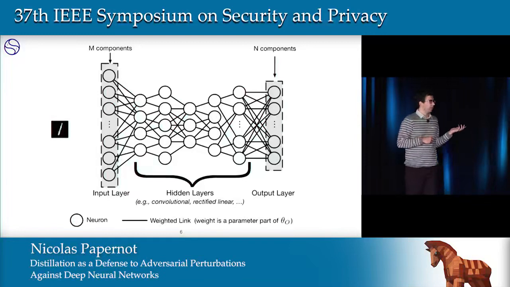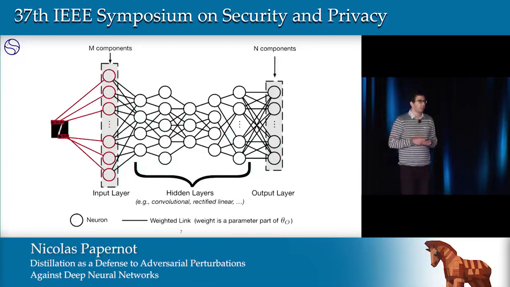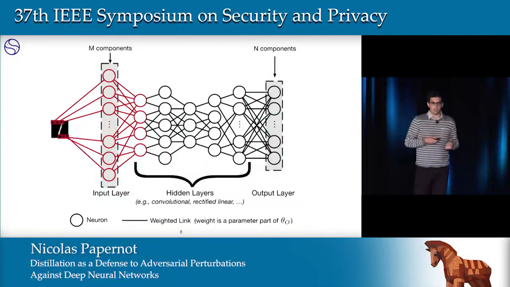For instance, here the neural network is trained to recognize digits in images. So the first layer of the neural network is simply reading the image and encoding it as a vector of real values. Then the first hidden layer is applying a weighted sum to this input layer and then nonlinear functions to produce the first representation of the input.